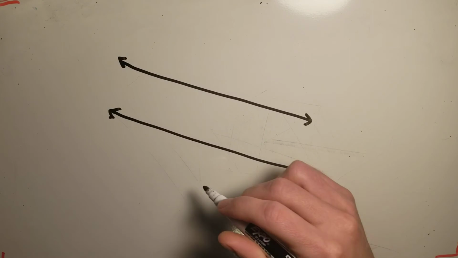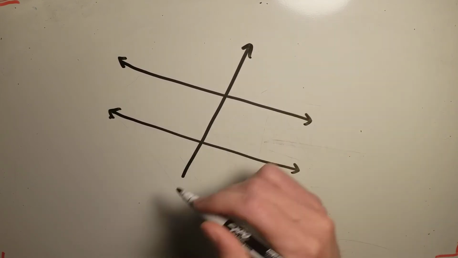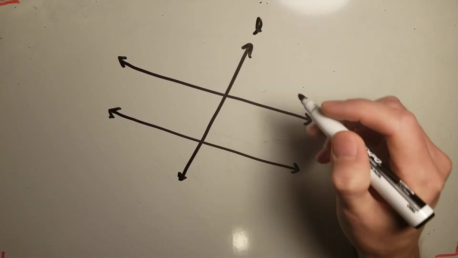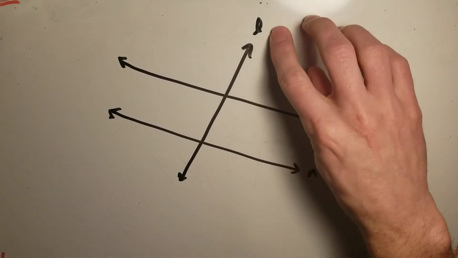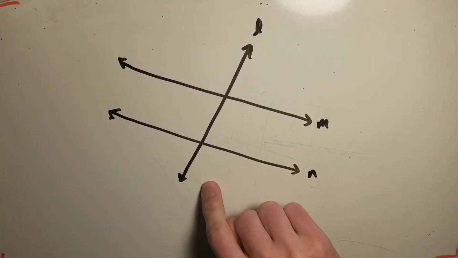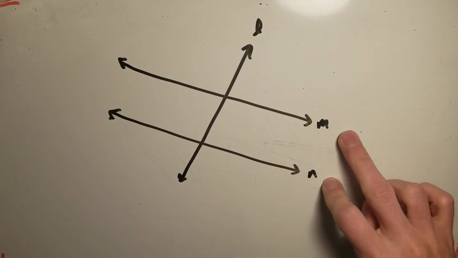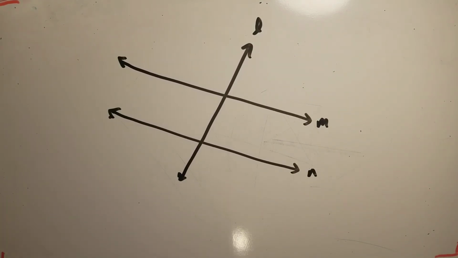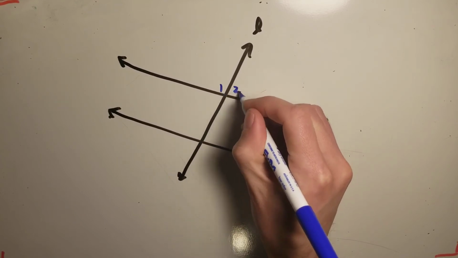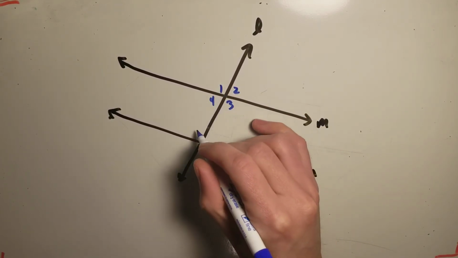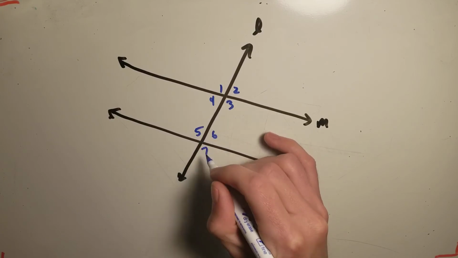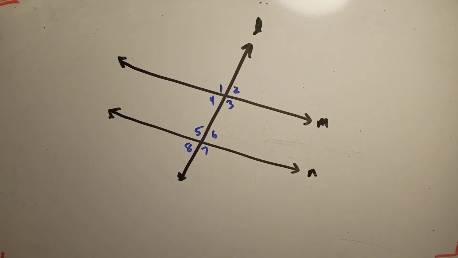These are your two lines being intersected by this line here. We'll call them L, M, and N. So here, line L is your transversal. And M and N are going to be the two lines being intersected. And we have angle 1, angle 2, angle 3, angle 4, angle 5, angle 6, angle 7, and angle 8.